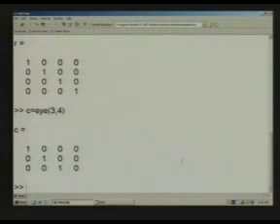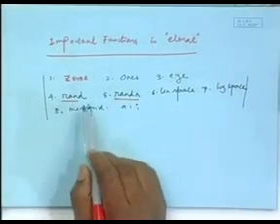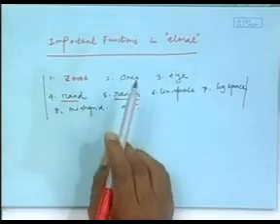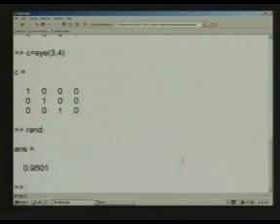Similarly, random matrix. There are two random number functions, rand and randn. As you can see here, this is rand and randn. rand gives you uniformly distributed random numbers. If you just write rand, it will give you just one random number, an unknown number which will be assigned to the variable ans.